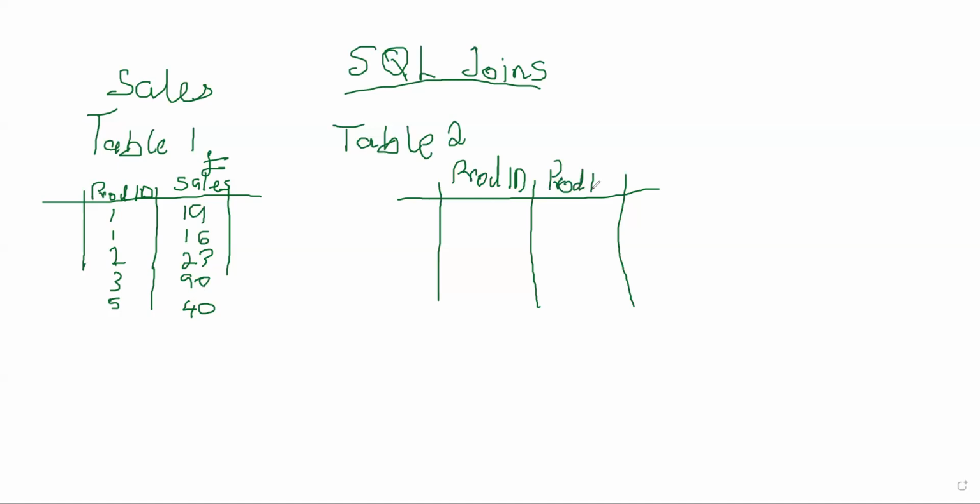Foreign key. Good. So we have product name, and product ID 1, 2, 3, 4. It will not repeat itself because this is a product table.